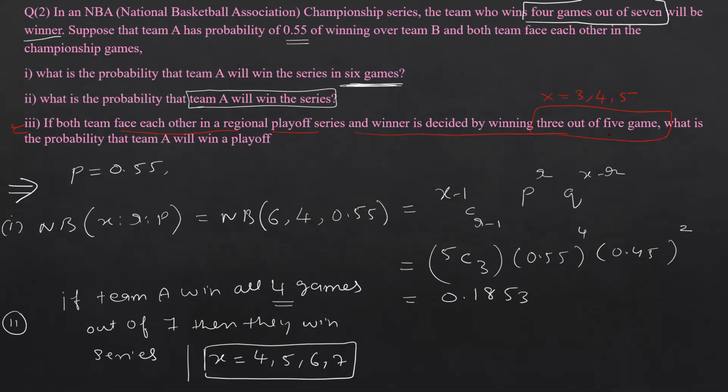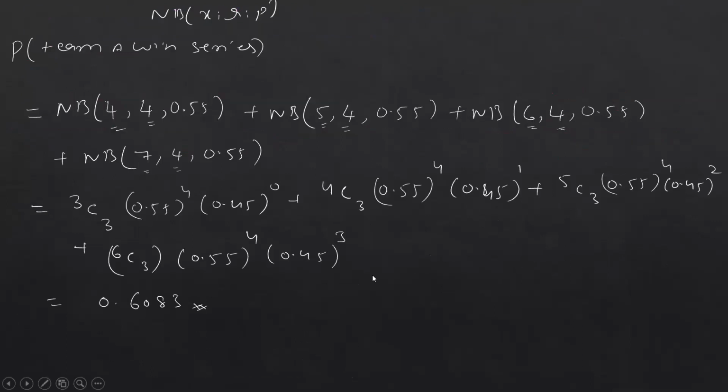Got it? And in this case your success R is equal to 3, because 3 matches you have to win. So all three scenarios you have to take, then team A will win the playoff.